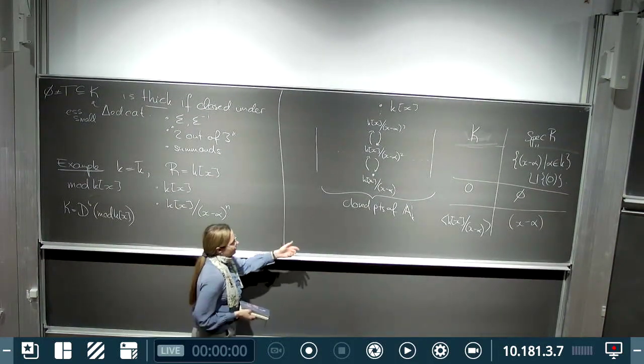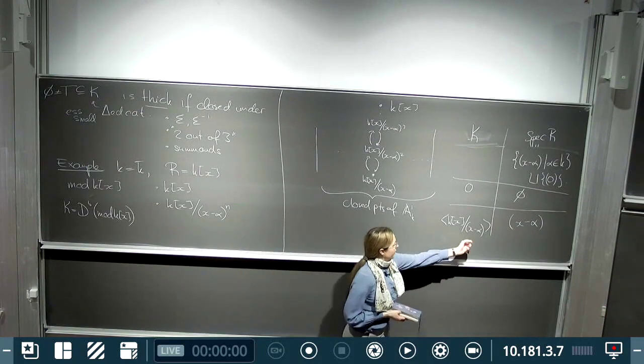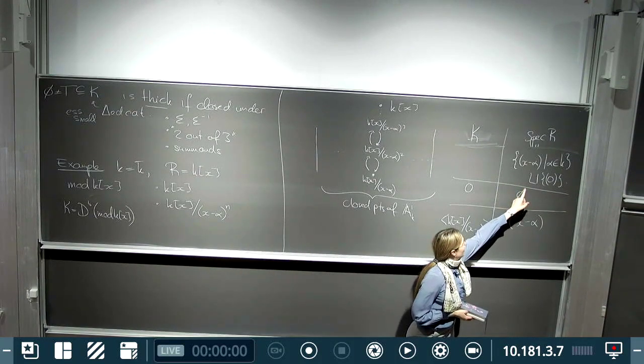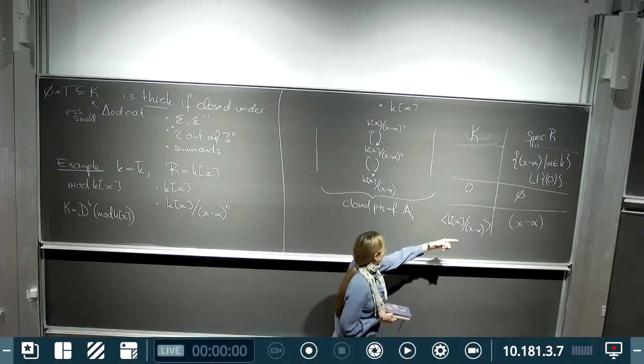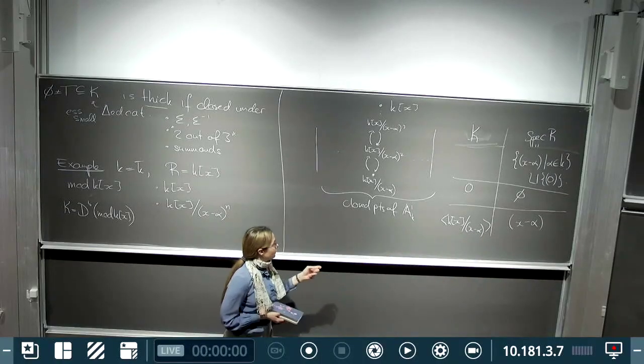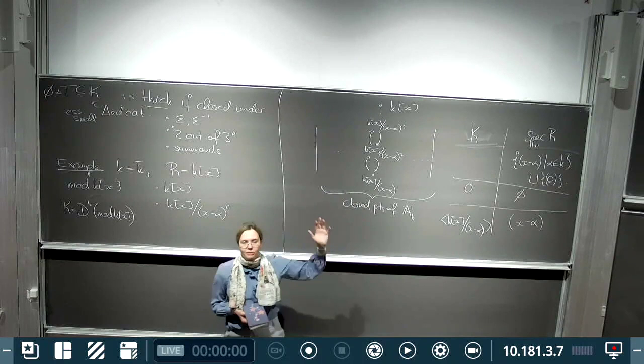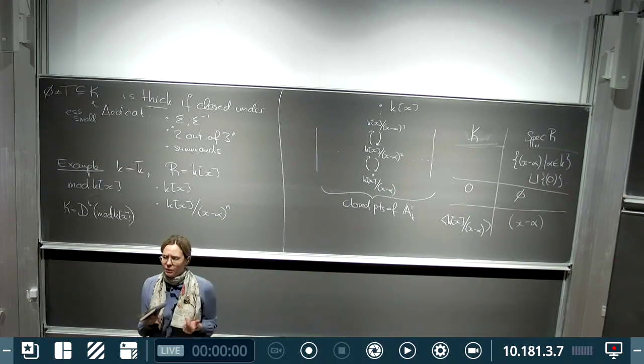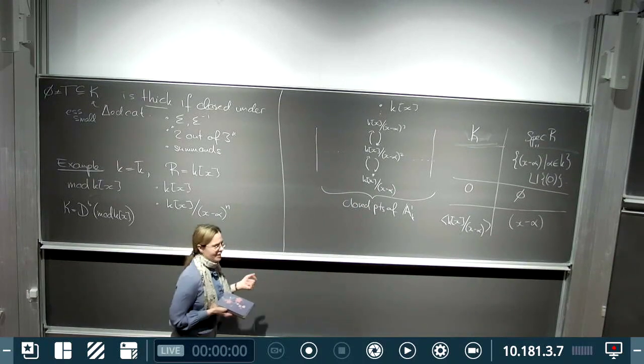But of course, it's not quite as simple as saying, okay, the closed points in here correspond to thick subcategories, because of course I could take any combination of tubes. I can just pick and choose my tubes, and this is going to give me a thick subcategory.